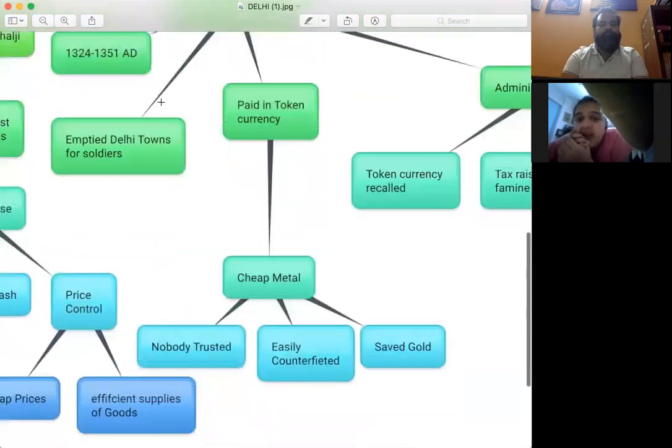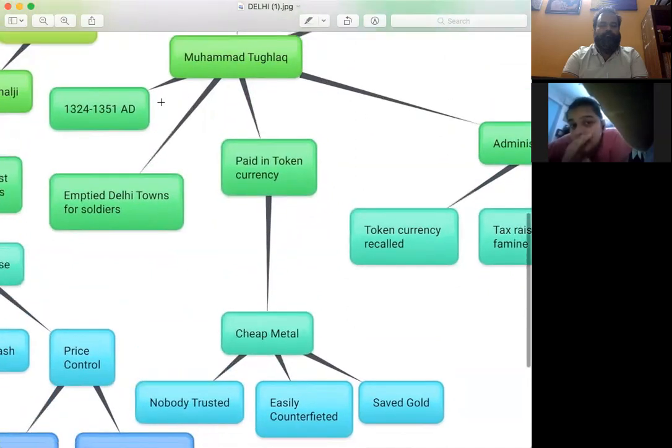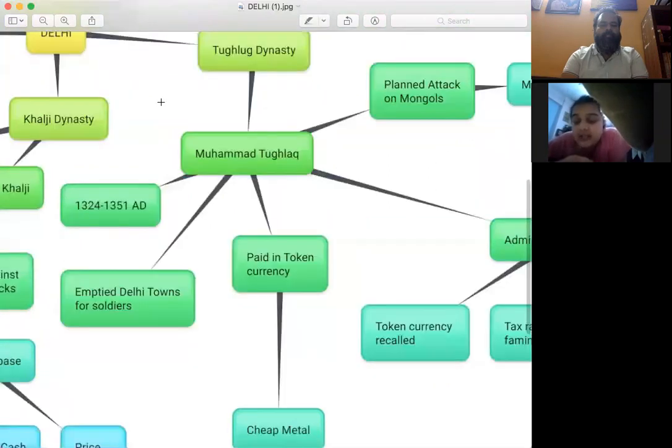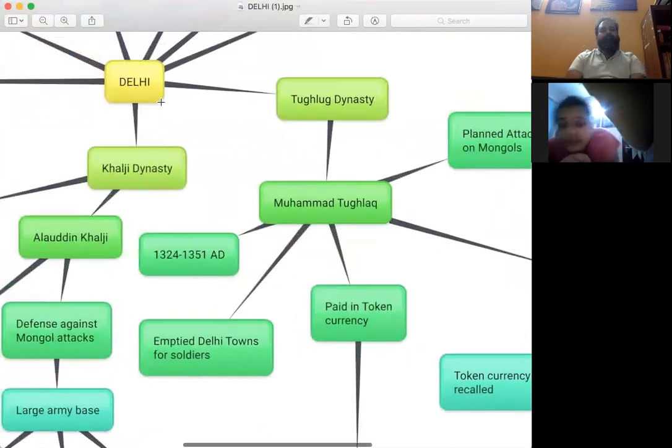And sir, why did Muhammad Tughlaq empty the whole town just to fight for another attack on the Mongols? Basically, you needed a large army to plan the attack on the Mongols.